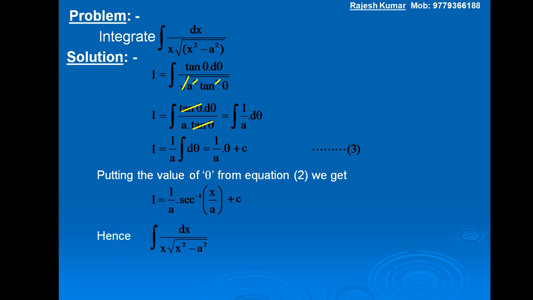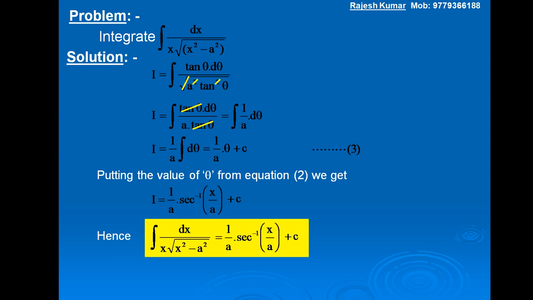Hence, integration of 1 upon x into under root of x square minus a square with respect to x is equal to 1 upon a into secant inverse x upon a plus c, the constant of integration. So this is the value of required integration.